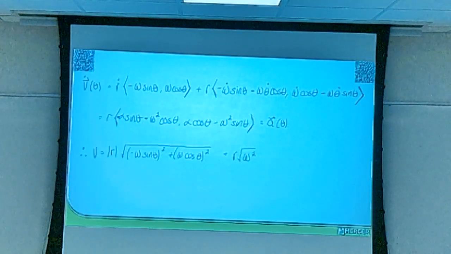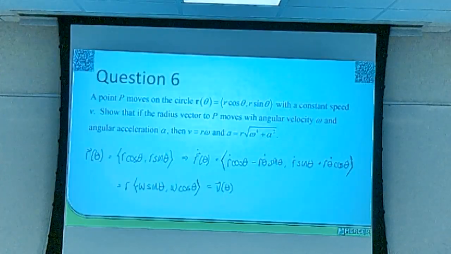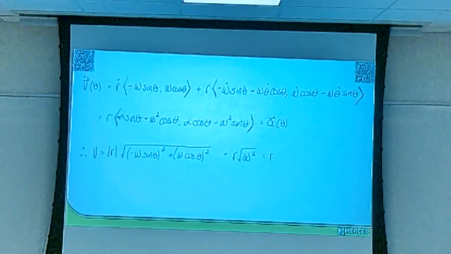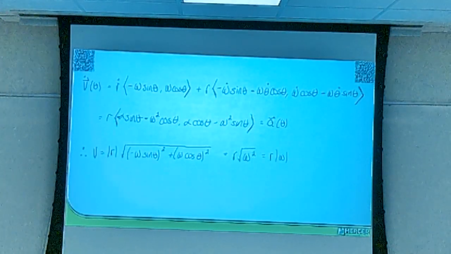Just leaves you with omega squared, right? Square root of omega squared, absolute value of omega.